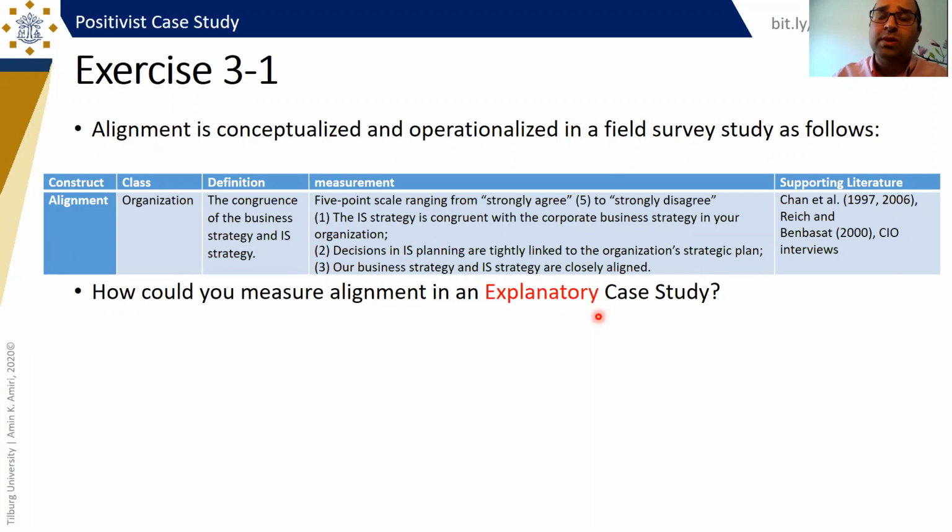So how can you measure alignment? And remember, if you just use this, there is no difference between your study and a field survey. You need to have data triangulation. What do you suggest? I give you 30 seconds to think about this.